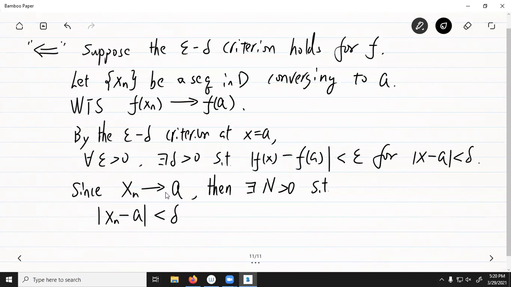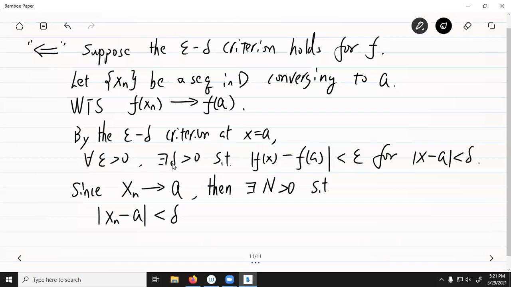So since this approaches a, there exists the N greater than 0 such that xn minus a is less than delta. Delta is a number. This should be another arbitrary epsilon, but we take that epsilon to be our delta.